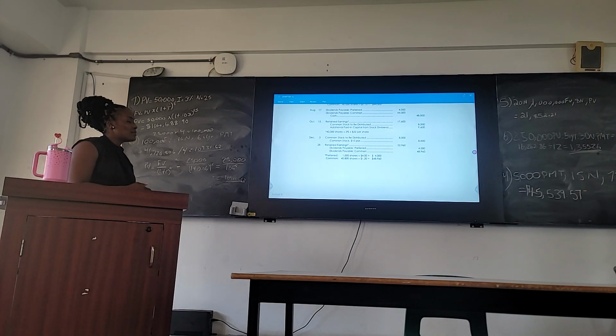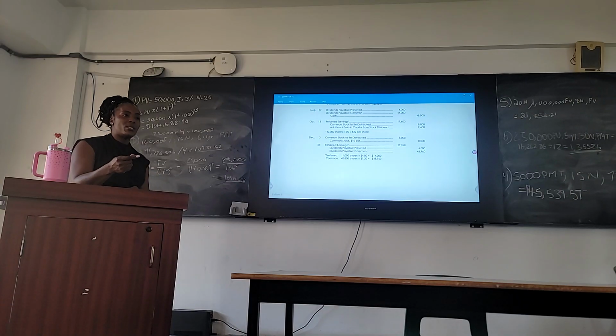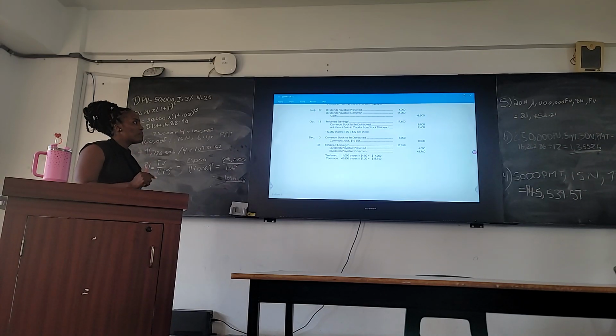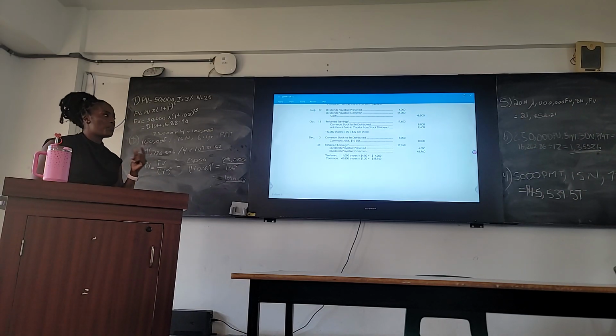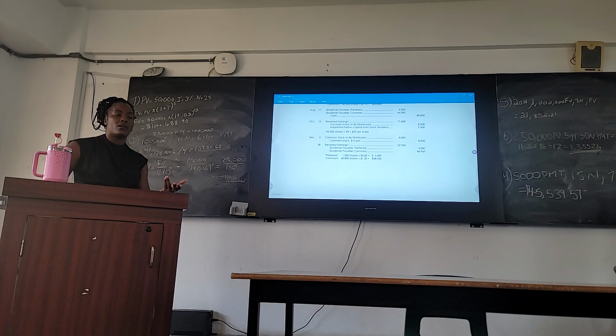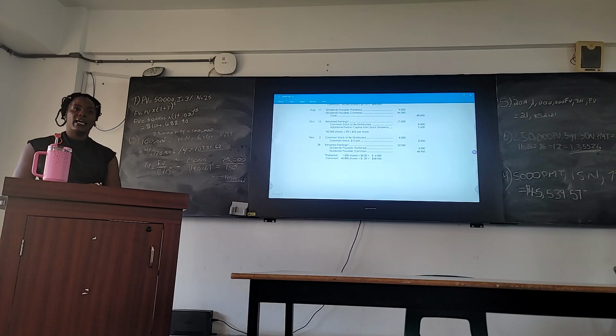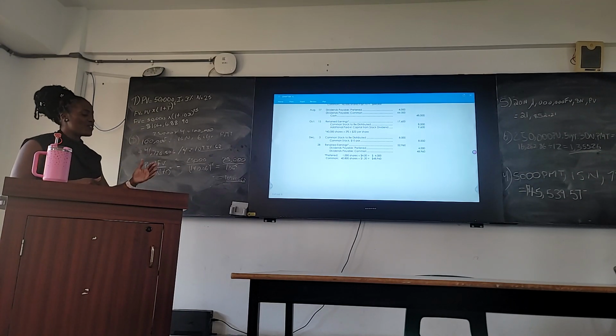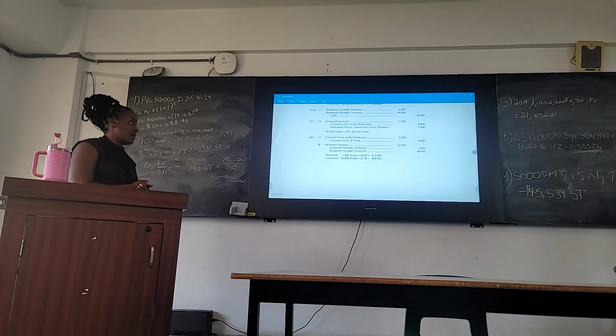However, the credit to common stock to be distributed, we have to multiply by the par value. 2% of 40,000 shares is 800 shares. So that's the additional shares they're giving out, 800. 800 times par value of 10 is 8,000. And then the difference is additional paid-in capital for common stock dividend.